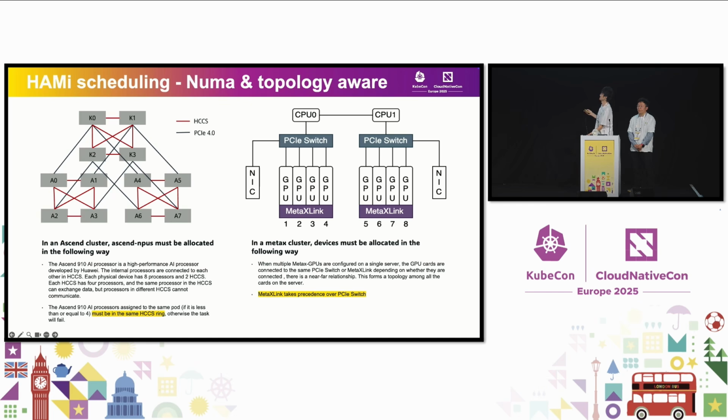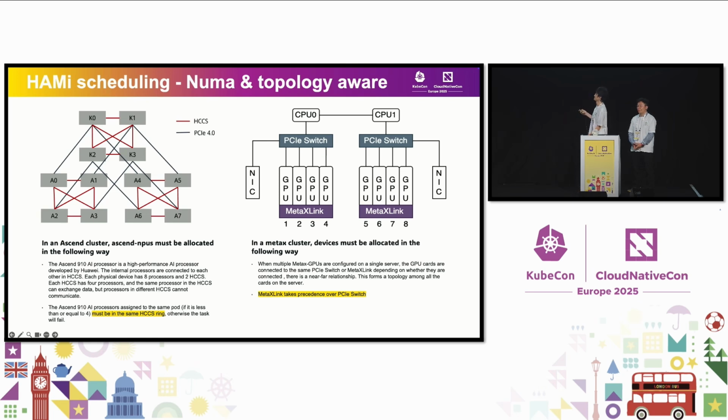And these are other scheduling features HAMi introduces, like NUMA and topology awareness. If you want to allocate more than one GPU, like deploying an AI training job across multiple nodes and multiple GPUs, then you probably wish to minimize the communication cost between GPUs.